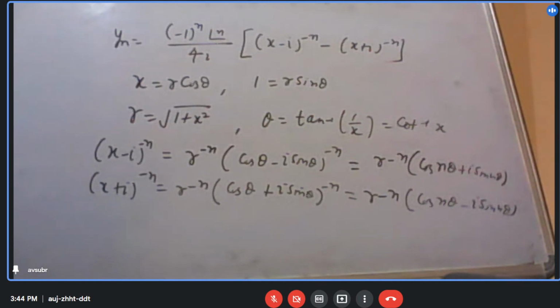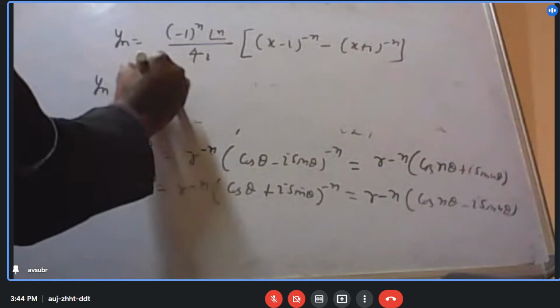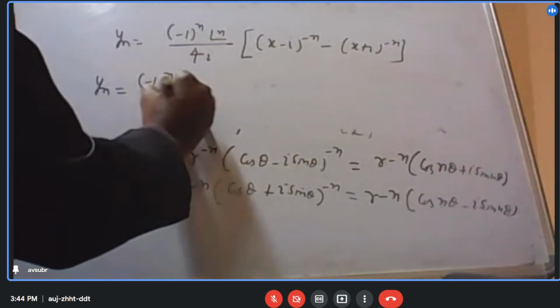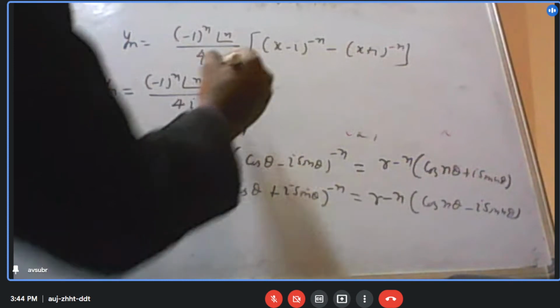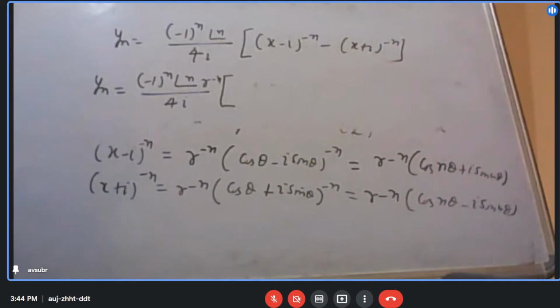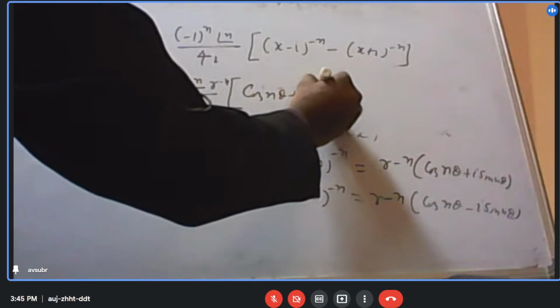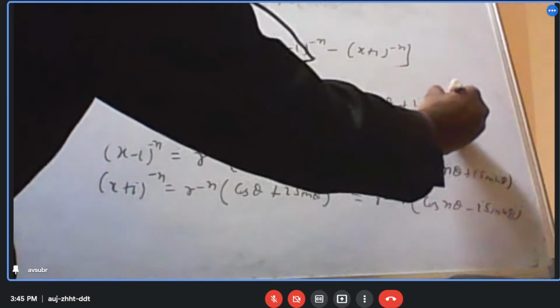So let us put these values over here in this equation. So yn will become equal to (-1)^n factorial n by 4i, and r^(-n) can also be taken as common because it is common to both, and this will be cos n theta plus i sin n theta minus cos n theta plus i sin n theta.